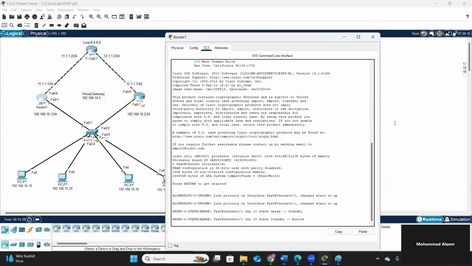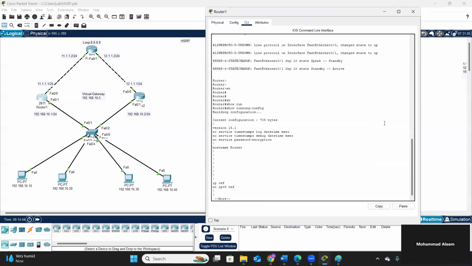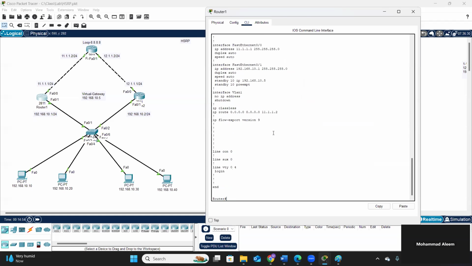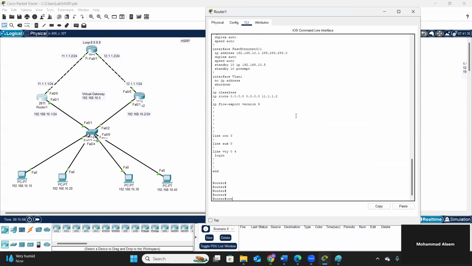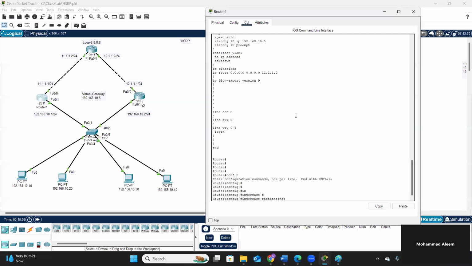Router one. This is a router, enable, show running configuration. Yesterday I configured the virtual IP addresses at the interface level. It's a standby router, so I am removing that now. Apart from that, nothing else is there. Only interfaces and one default route towards the ISP. So I'm removing the standby router information.